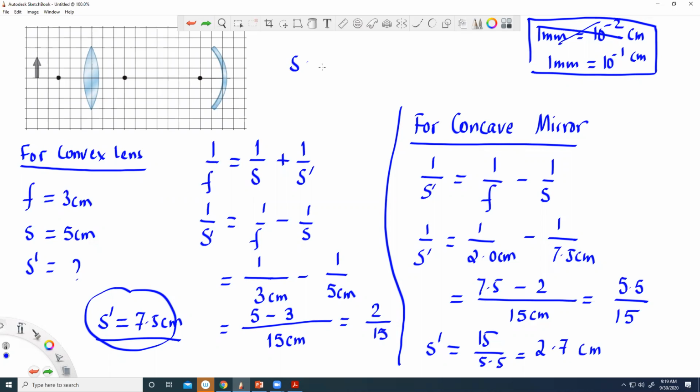So previously we got about 3 centimeters. So here it says it's 2.7 centimeters, exact number. Okay. So that's how you do that.